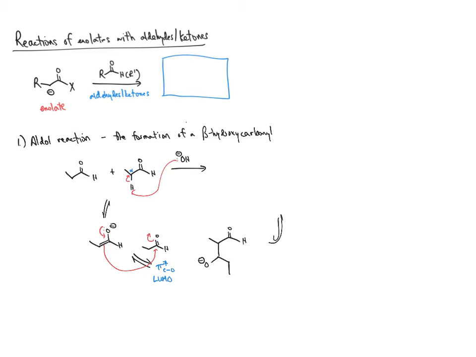This then is going to remove a proton from water. Right, so this alkoxy anion removes a proton from water, regenerates hydroxide base. And then we have the product, which is going to be what's known as the beta-hydroxy, in this case, aldehyde.